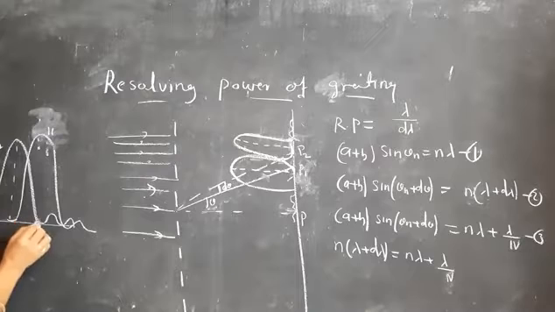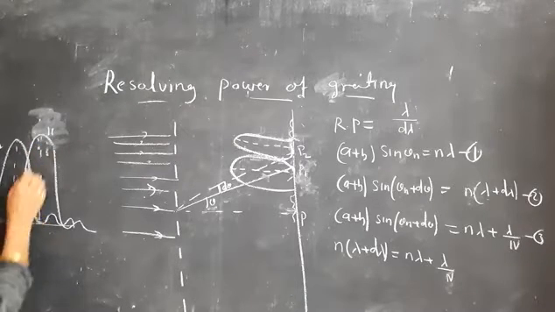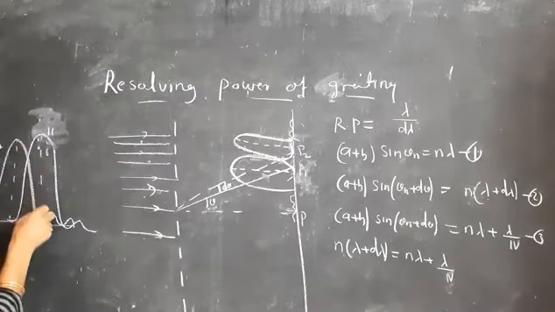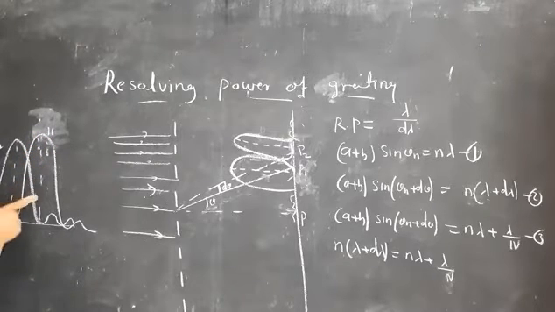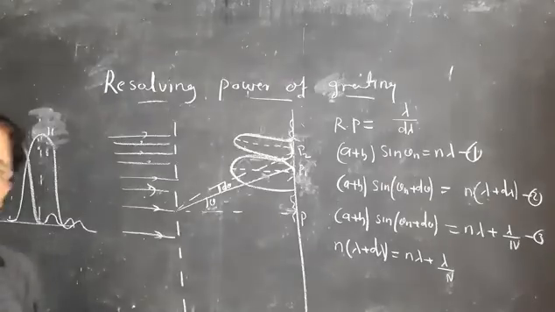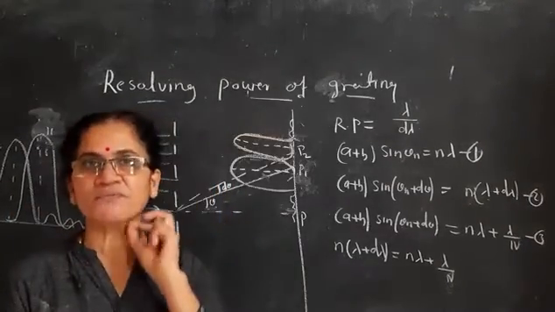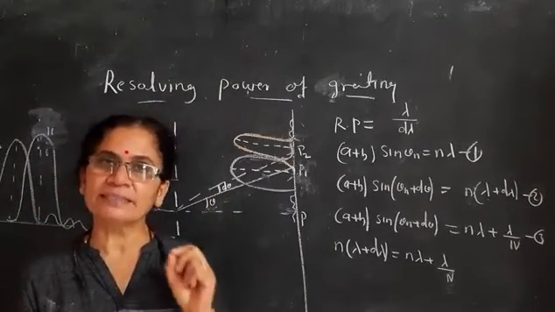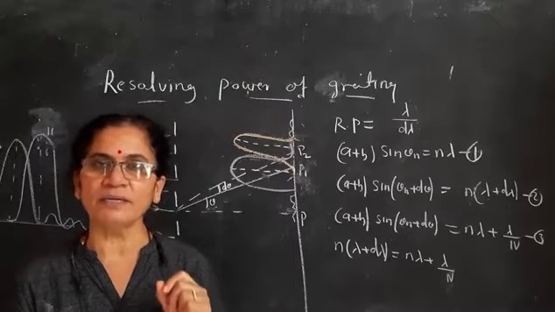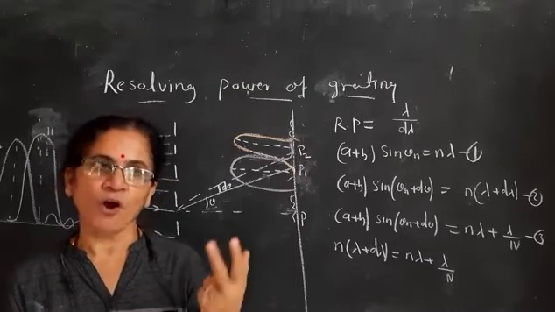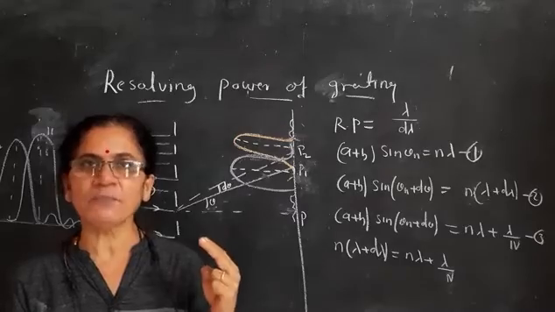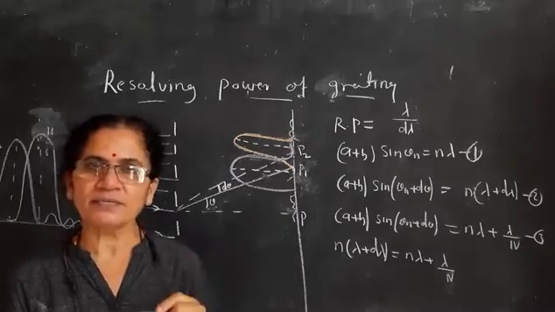Same way, the minima of the first one is exactly under the maxima of the second. Then we say that the two images are just resolved. That condition has to be satisfied. Then only you can say that the instrument is resolving the two images of objects which are very, very close together. That's called its resolving power.